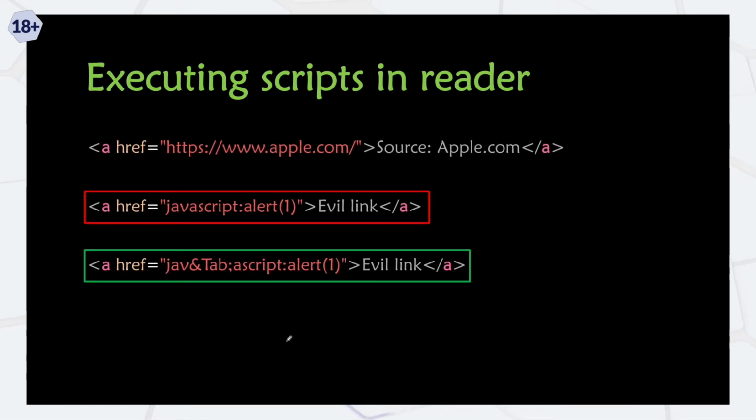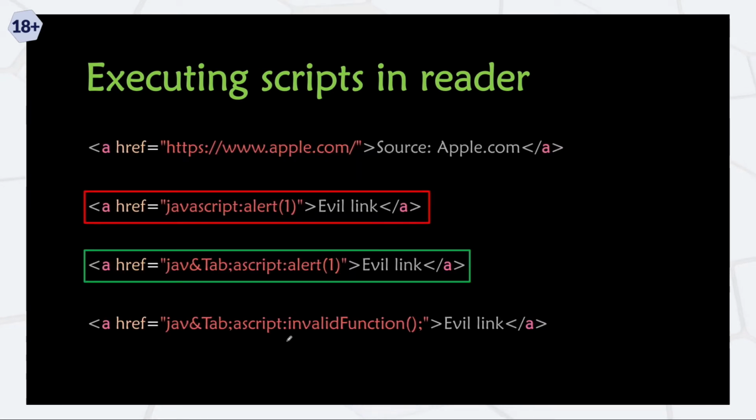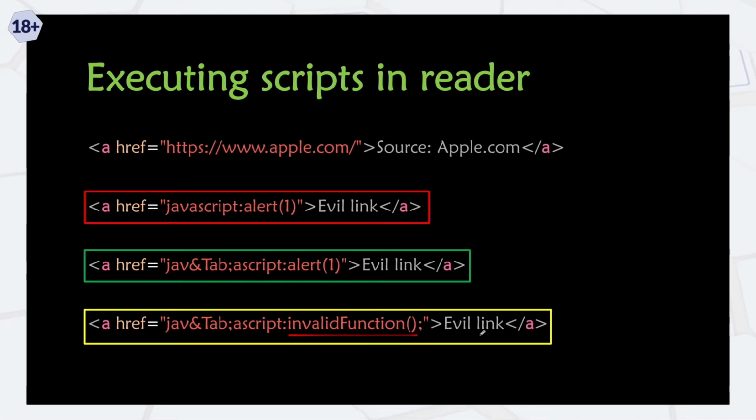So next, the idea was to use an invalid function after the JavaScript URI. If we receive any error in the console, we can conclude that the browser is actually interpreting our JavaScript code, but it is not allowing us to execute some JavaScript functions. So I decided to use this particular payload, which points to a JavaScript URI and then an invalid function.